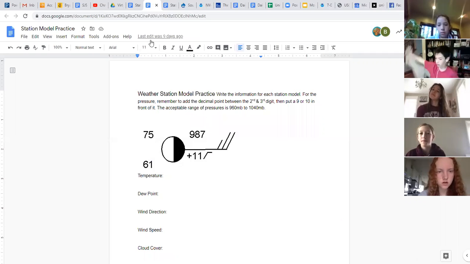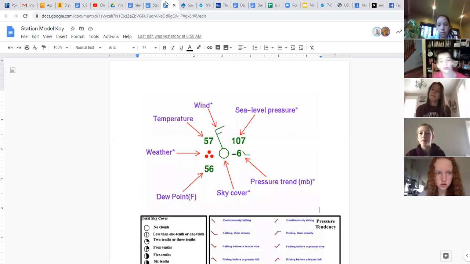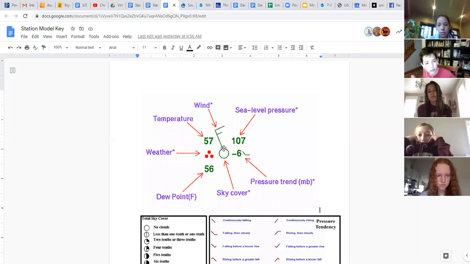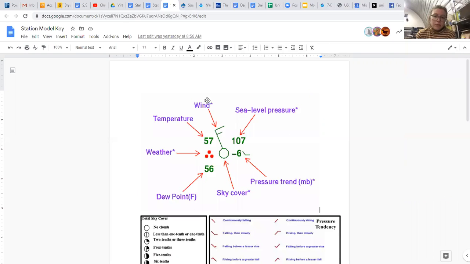If we look at this example again, which way is the wind coming from in this example on the key? Sarah? Northwest? Yeah, you could even keep it pretty general. It's north-ish, and it is a little bit west, so the best answer would be northwest.